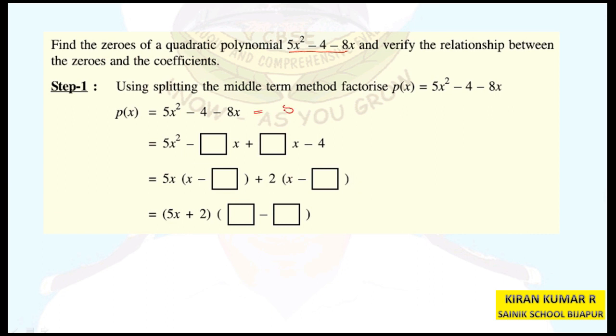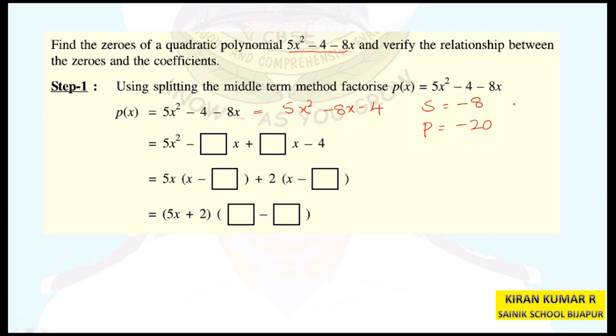We get it as 5x square minus 8x minus 4. Now you see the sum is minus 8 and the product is minus 20. So the combination of two numbers, you have to get it as minus 8 and minus 20.